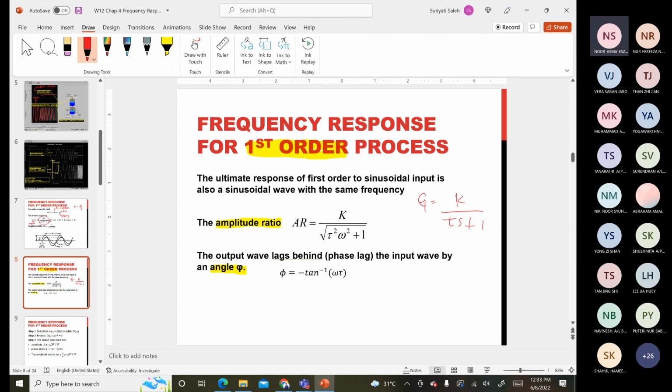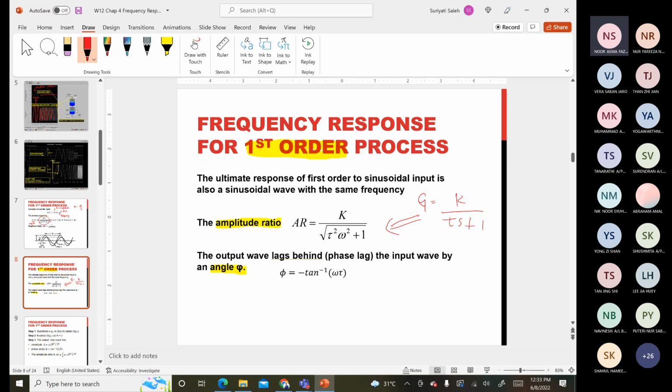So normally, the transfer function can be transformed into the form of frequency based on the amplitude ratio and the angle, where the standard form for the first order, K over tau S plus 1, is equivalent with AR equal to K divided by square root tau square W square plus 1. And the angle can be obtained by angle equal to negative inverse tangent W tau.